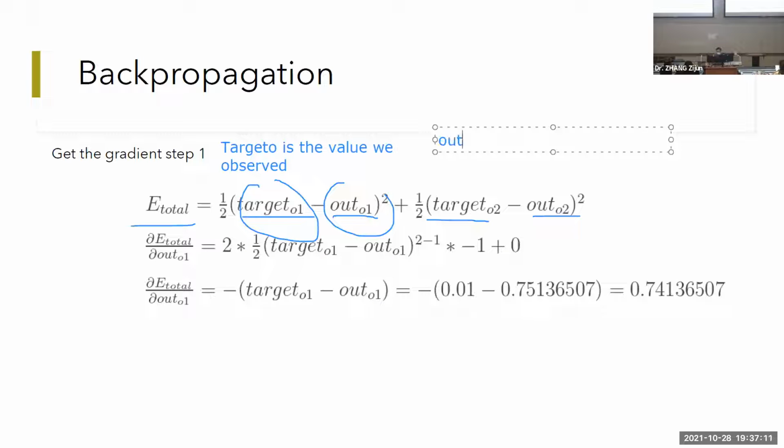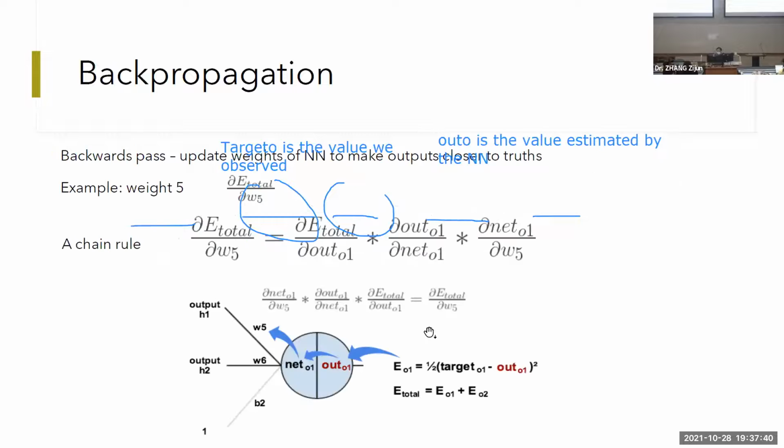And the out O, I didn't write O1 or O2 because they are just 2 different channels, is the value estimated by the NN. Then we compute the residual, take a square, and add them together, the summation.